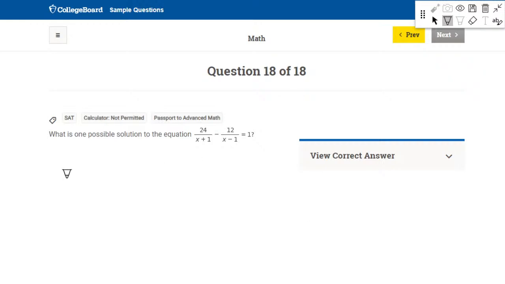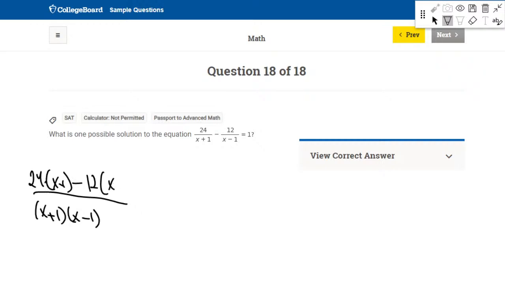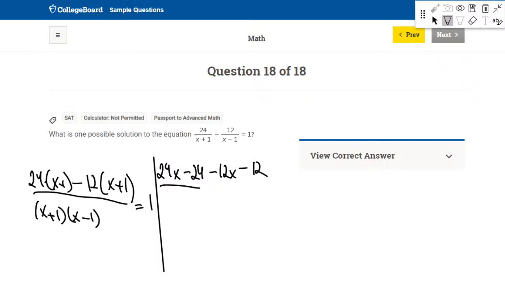So we just multiply by each other. It's 24 multiplied by x minus 1, minus 12 times x plus 1, divided by, what is this?